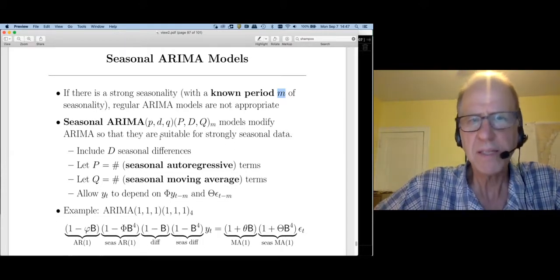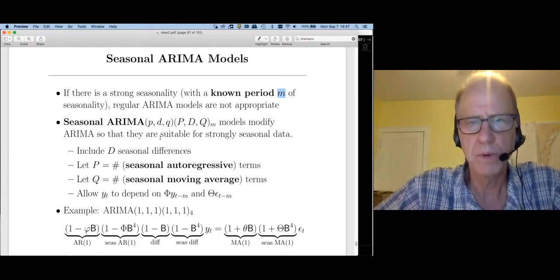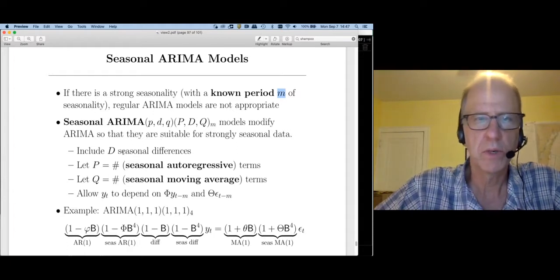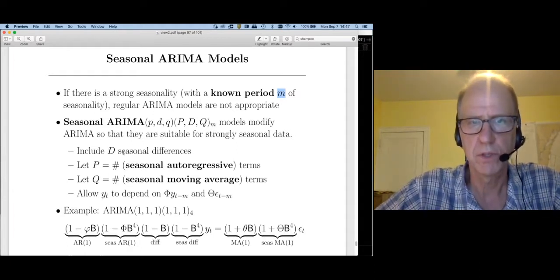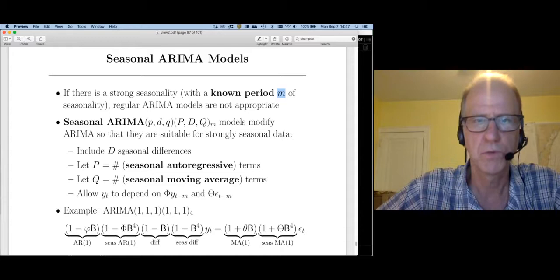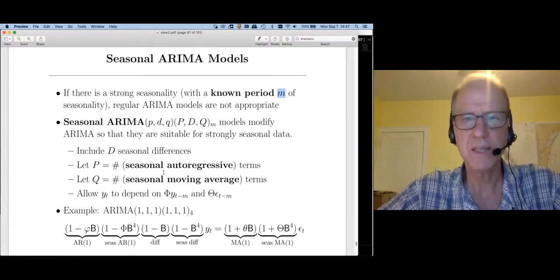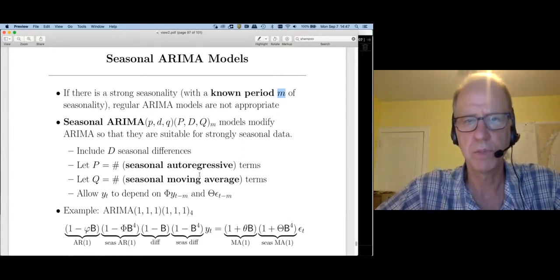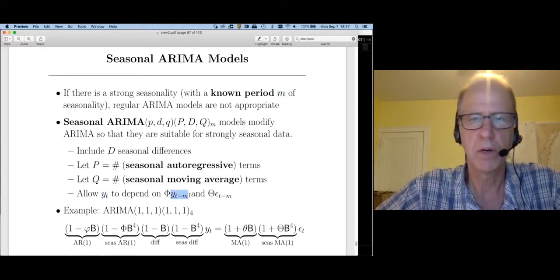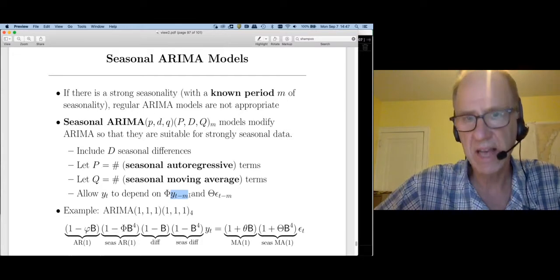So the basic idea of a seasonal ARIMA model is that we're going to have seasonal differences rather than just first order or second order differences. So this could be a difference of order m. Then what we're going to do is include seasonal autoregressive terms. So y sub t could depend on y sub t minus m.